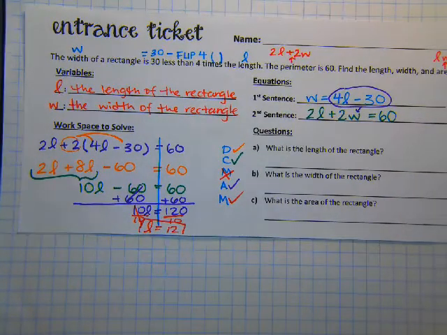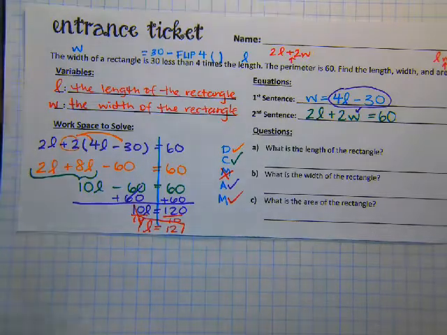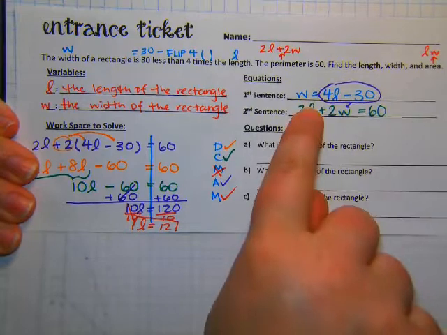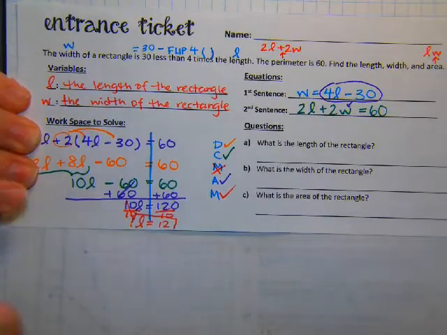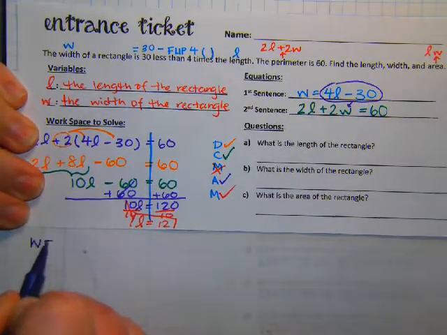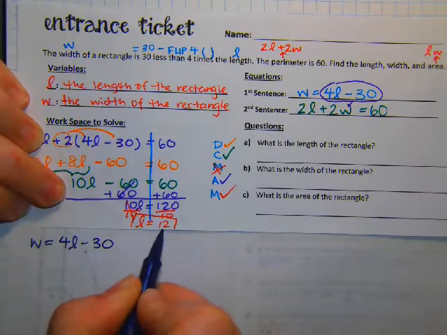So I didn't really leave enough room for myself here. I feel a little bad. But we need to find what W is, because remember we have two unknowns that we need to find. So I'm going to go ahead and rewrite this down here. So I have W equals 4L minus 30. Well, now I know what L is.